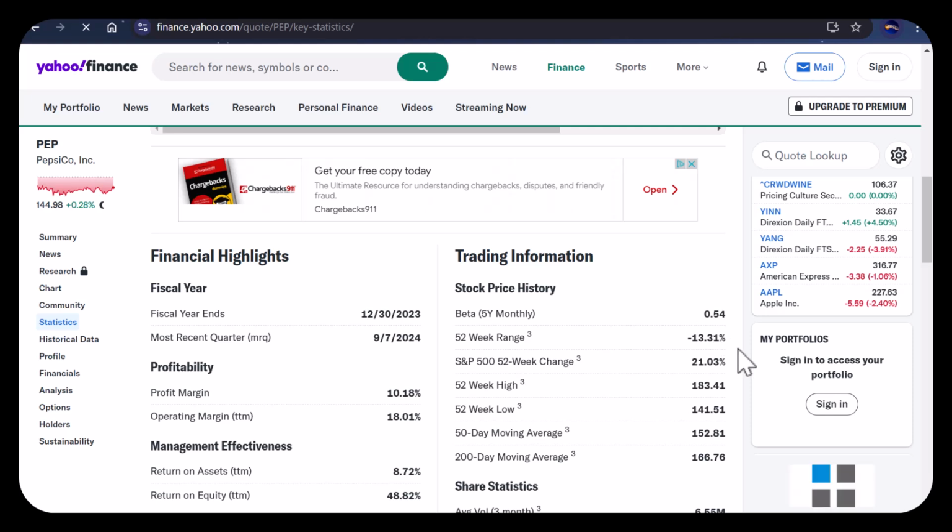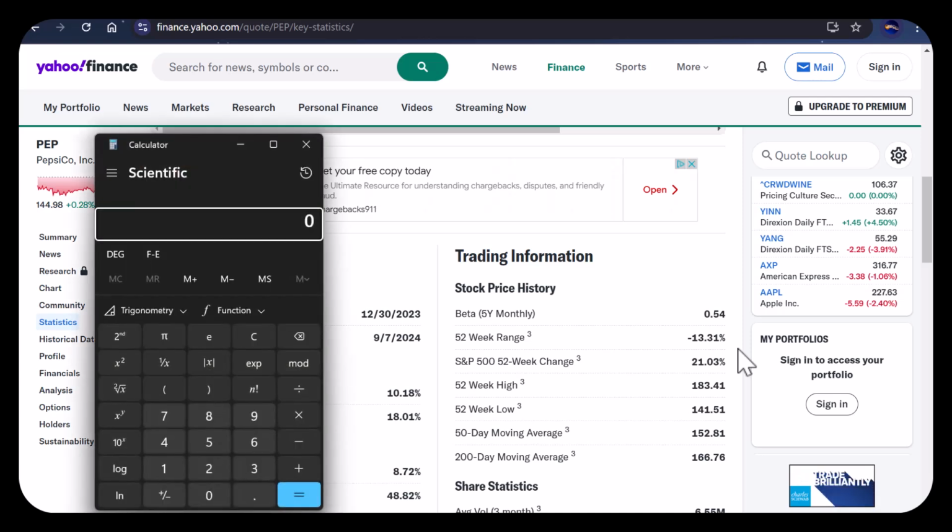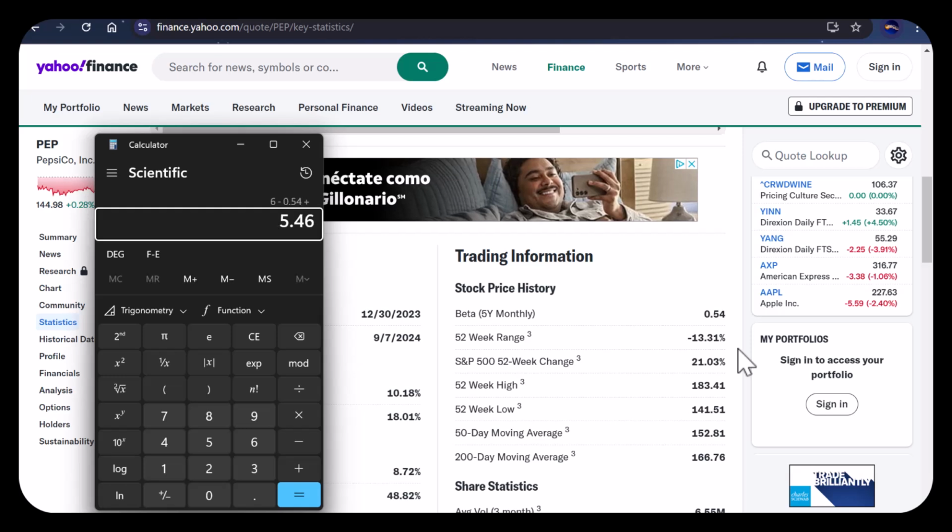It has a beta of 0.54, if you remember from your earlier classes. I'm going to assume a 10-year T-bill rate of 5% and a market risk premium of 6%. So 6 times 0.54 plus 5.